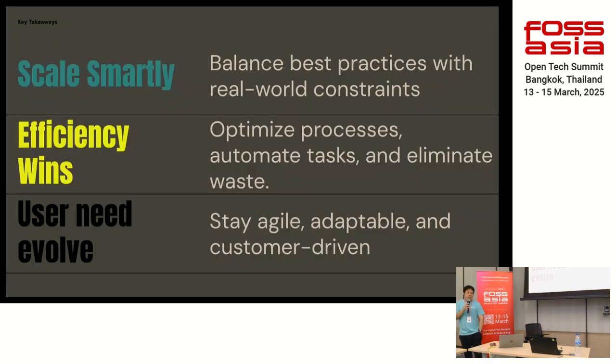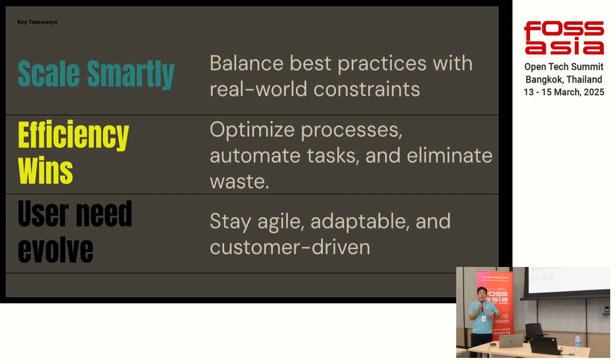So our key takeaway is scale smartly. As I mentioned, don't copy and paste from best practice. You have your own context. You have to think about when to do it. Efficiency wins. As the project degrades, you have to minimize it as much as possible.